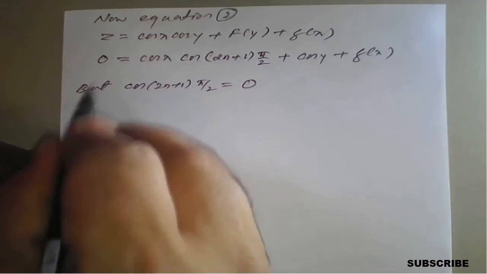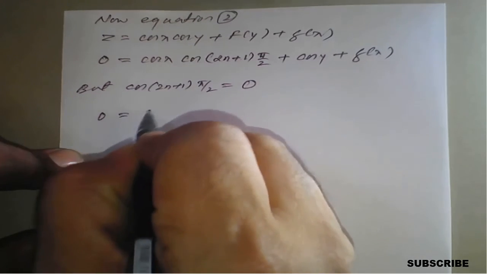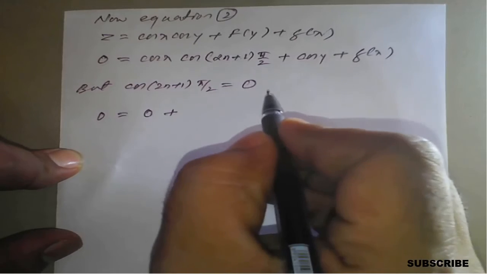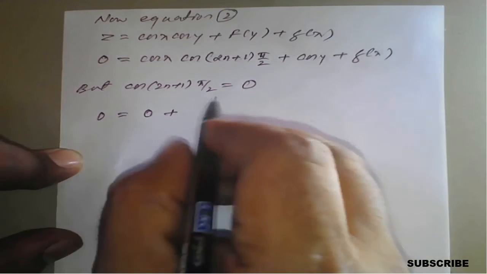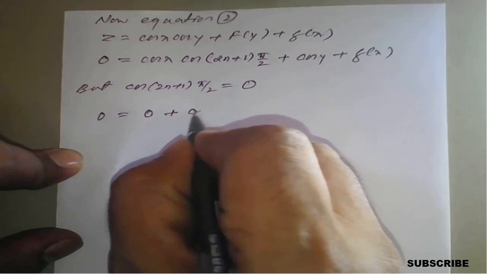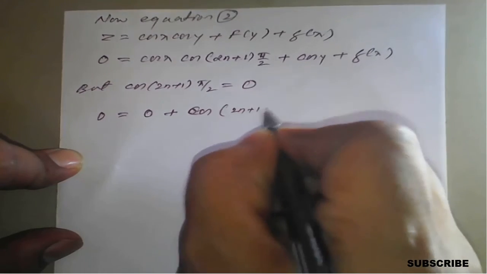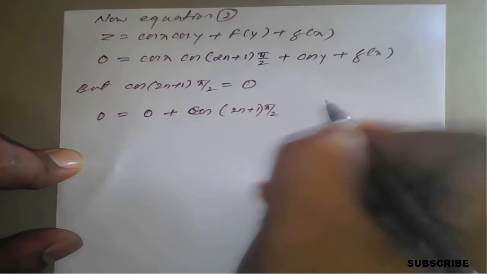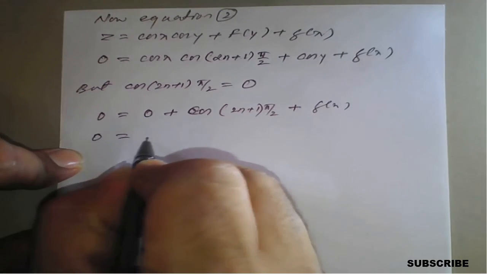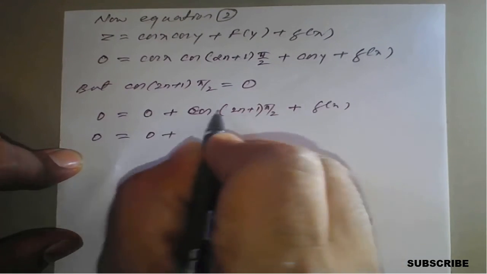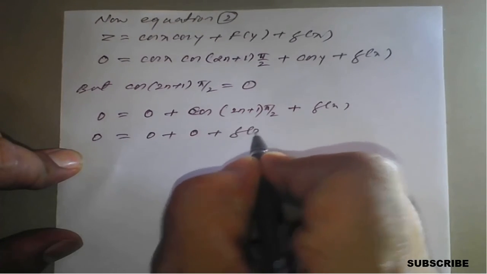Therefore this will become 0 is equal to 0 into cos of x, which is 0, plus, here also we need to apply the value of y, that is cos of 2n plus 1 of pi by 2, plus g of x, which is nothing but 0 is equal to 0 plus 0, because cos of 2n plus 1 of pi by 2 is 0, plus g of x.